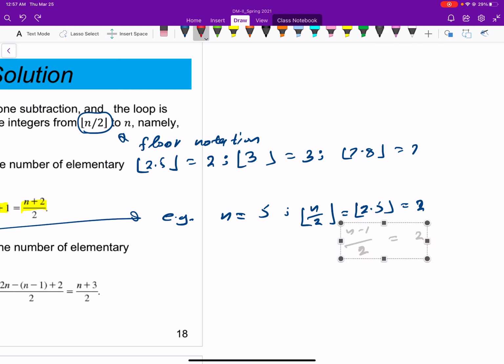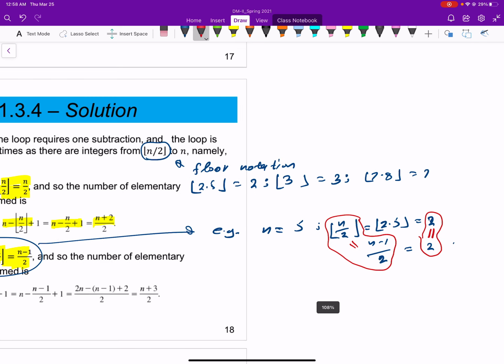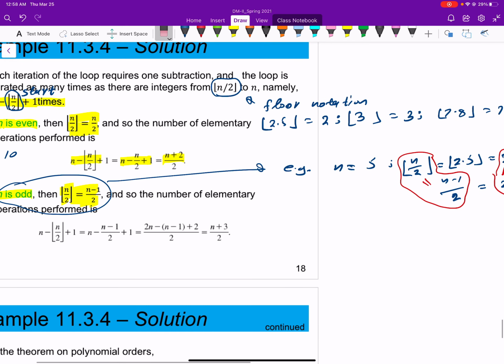That is given right here. And then you can replace this equation by that. This is simple algebraic simplification.